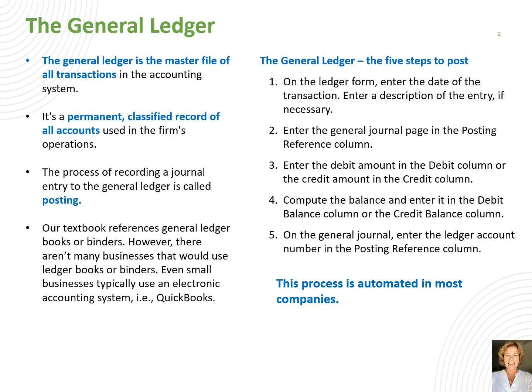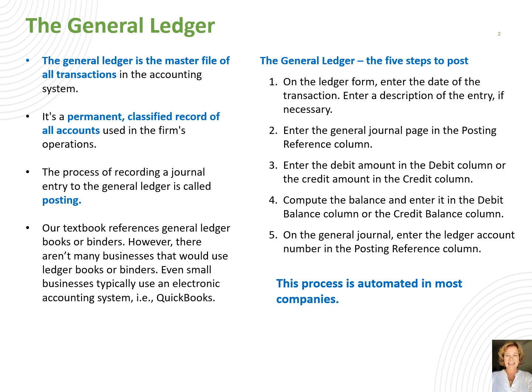But before we can use the general ledger, we need a general journal entry. So that's the first part. The process of recording the journal into the general ledger is called posting. Our textbook references general ledger forms, but there aren't really many businesses that still use ledger forms, binders, or books.